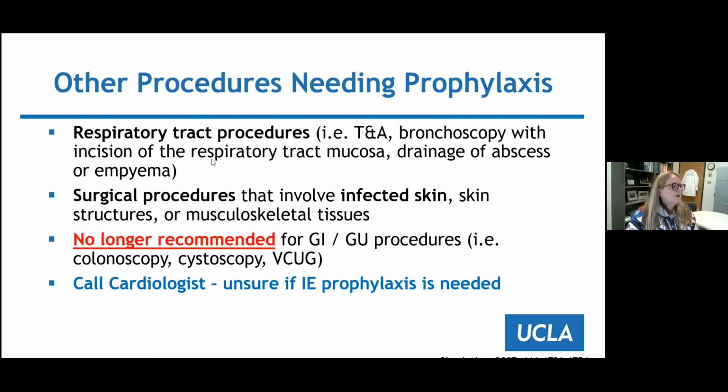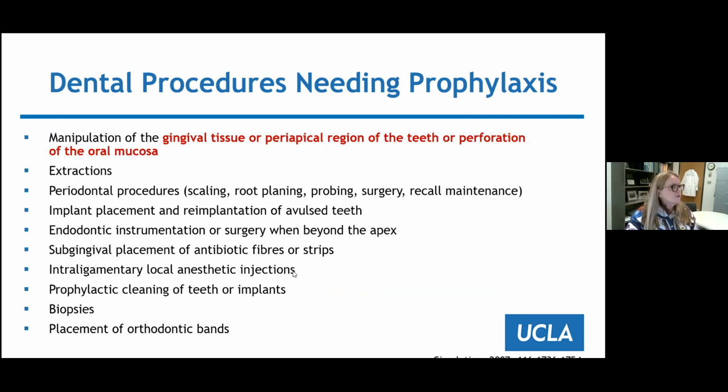Any sort of respiratory tract drainage or abscess or skin abscess requires prophylaxis. And if you're not sure and the patient has a cardiologist, please call them and they can let you know whether that child needs that or not.